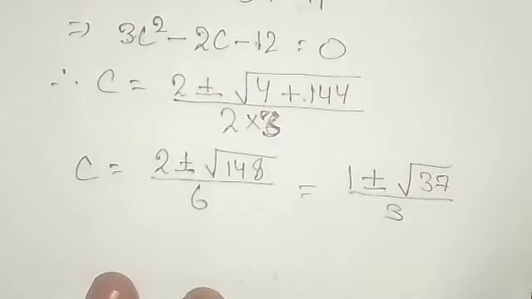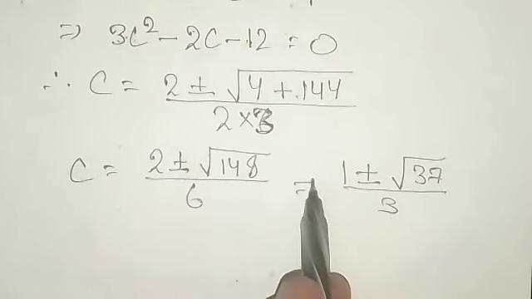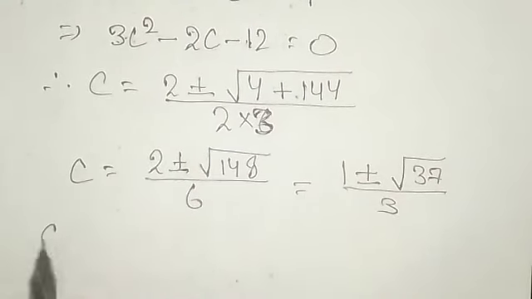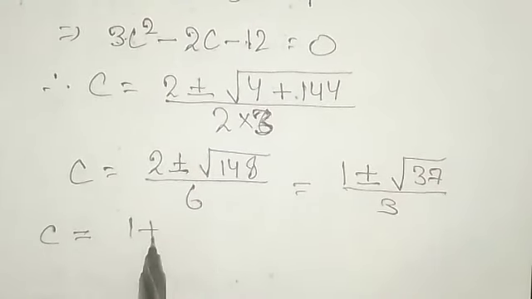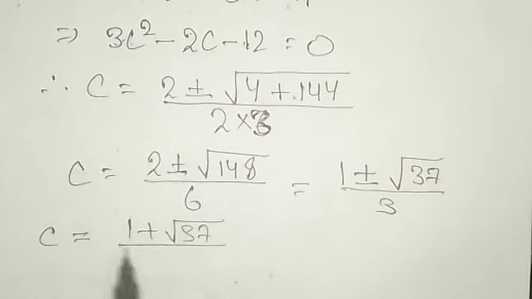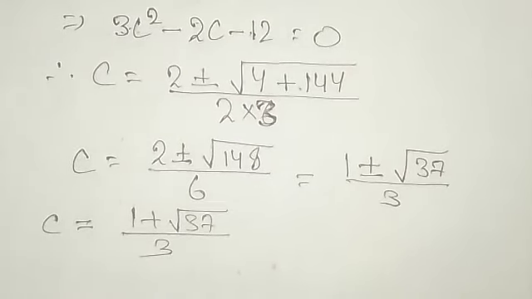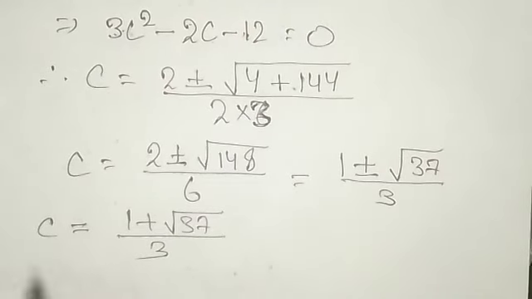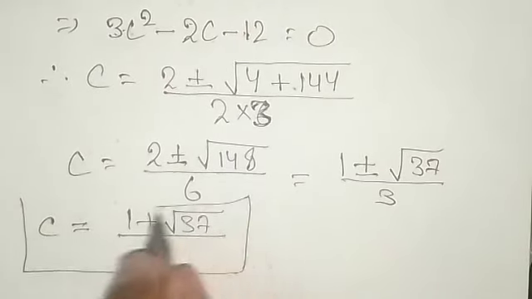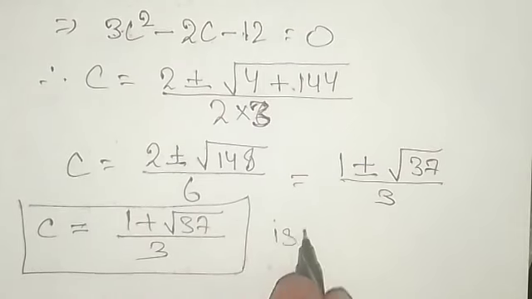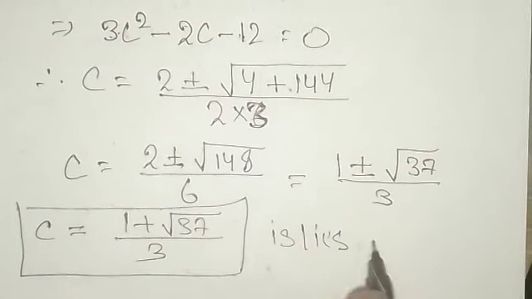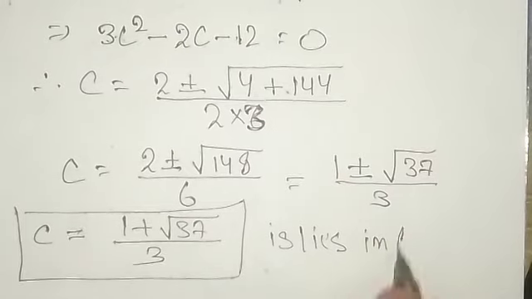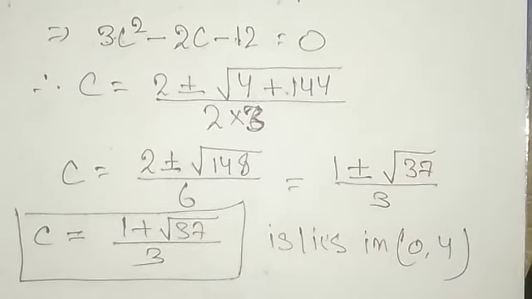All right, now we can see that c equal to 1 plus root of 37 by 3 lies in the open interval 0 comma 4, right? So c equal to 1 plus root of 37 by 3 lies in the open interval 0 comma 4, right?